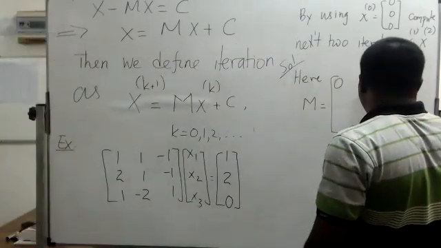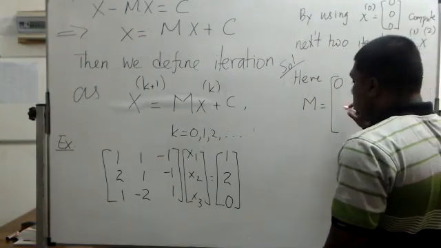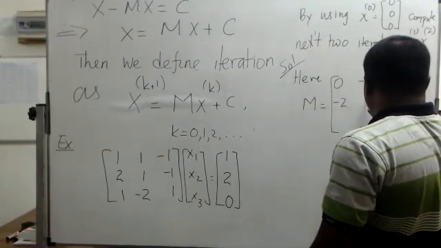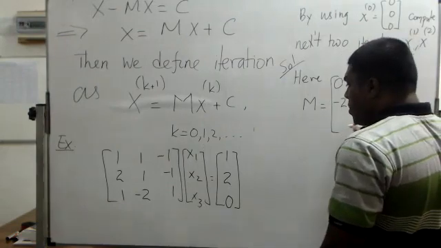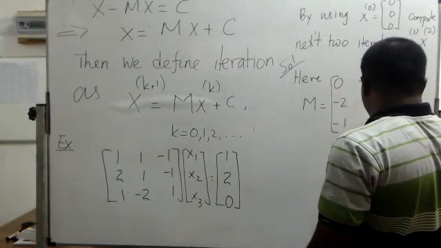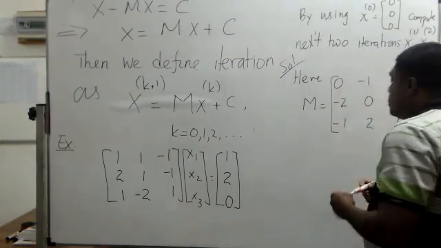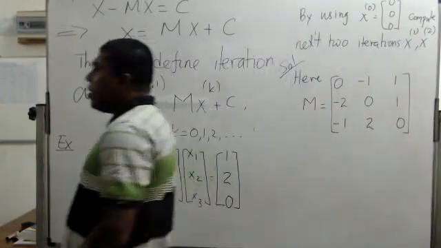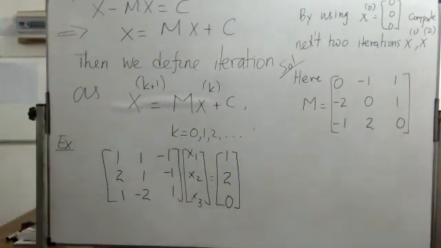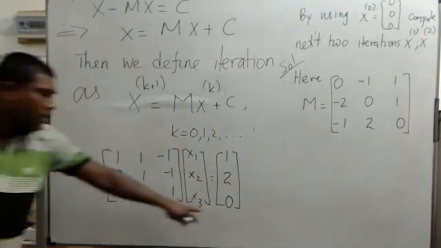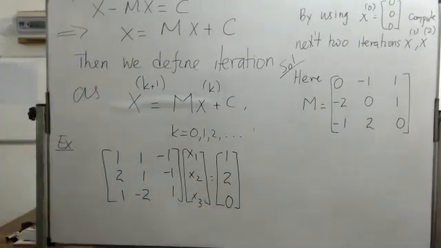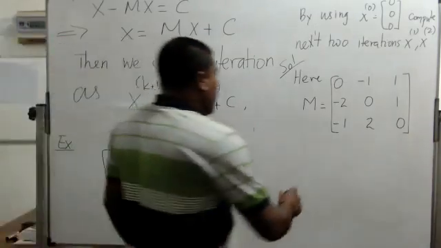So that's going to be 1, minus 2, 0; 1, 0, minus 1; 2, minus 1... this is your M. When you write A as I minus M, you can see this is your M. Once you get this M, you know your c is this, because you divide everything by 1, so there is no change.